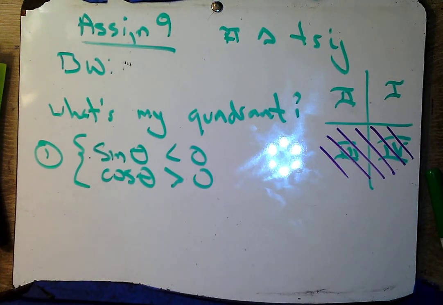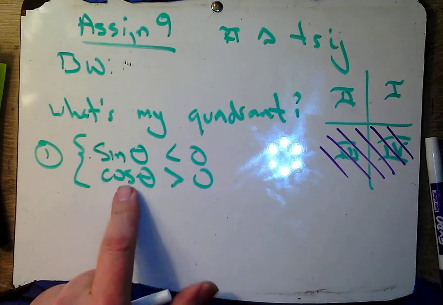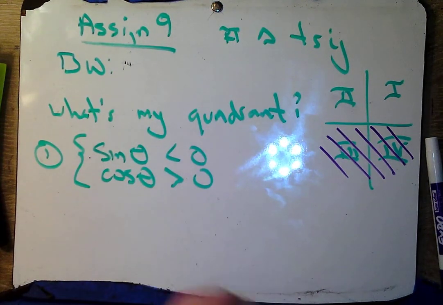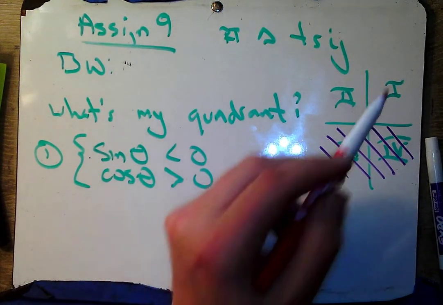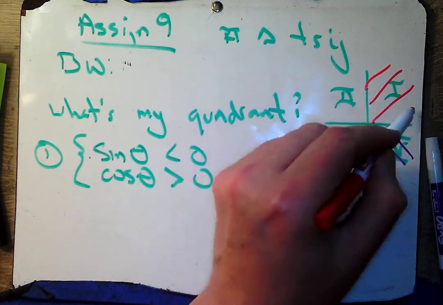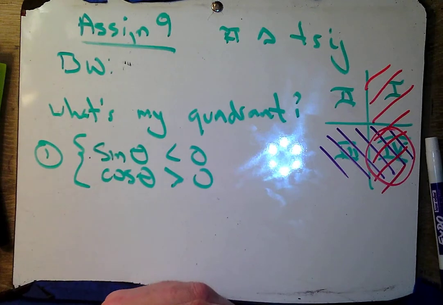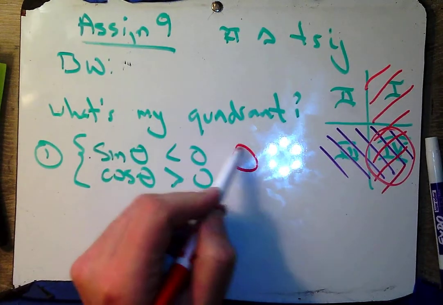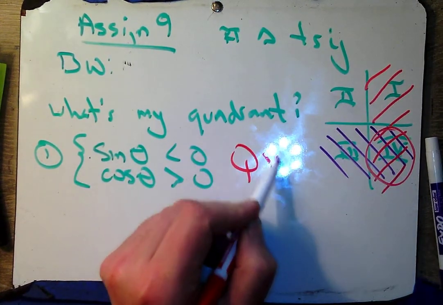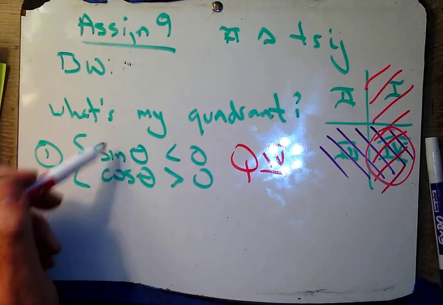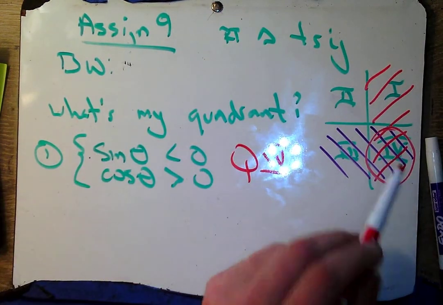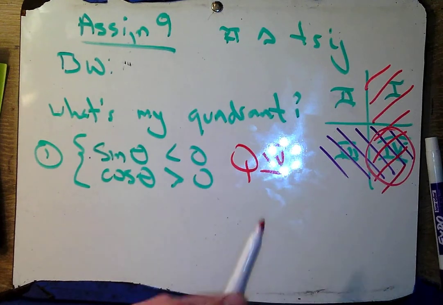What about cosine? When is cosine greater than 0? Cosine is the x values, and the x values are positive over here. Notice how we have overlap in quadrant 4. That's my quadrant. Where both of these conditions exist, where we have that overlap, that's going to be our quadrant.